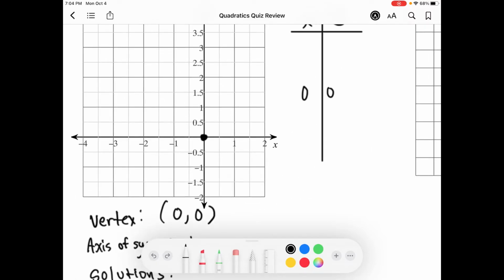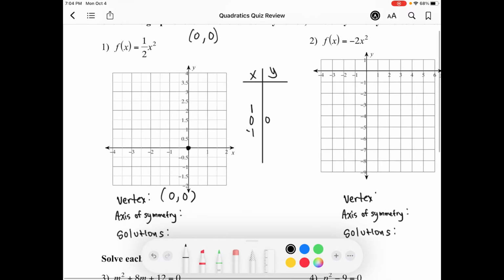So 1 to the left of my vertex, which is at 0 for the x value, is going to be -1. So I'm going to write that in. And then 1 to the right of that is +1. Okay? So these two x values are the same distance from our vertex.